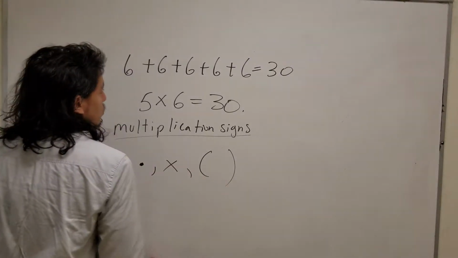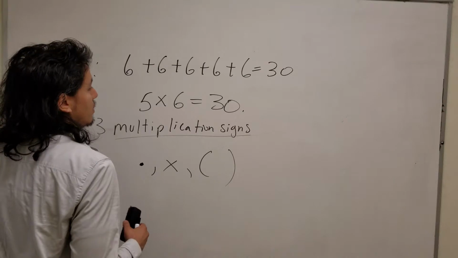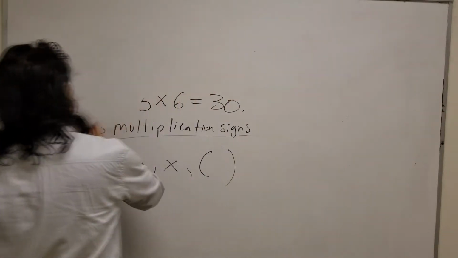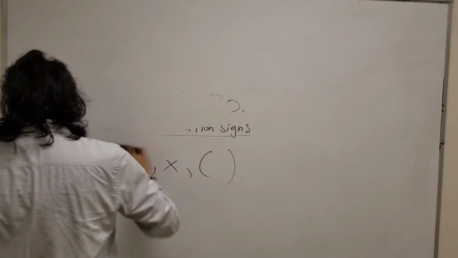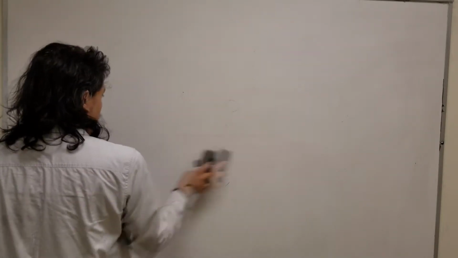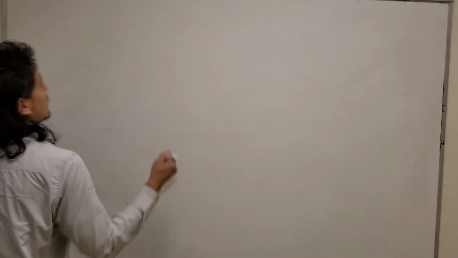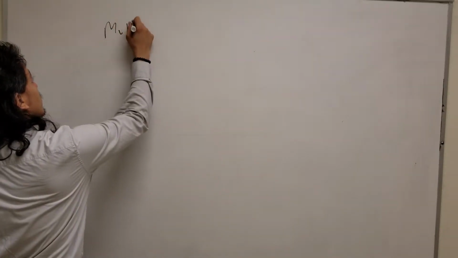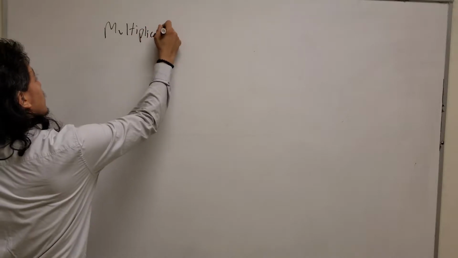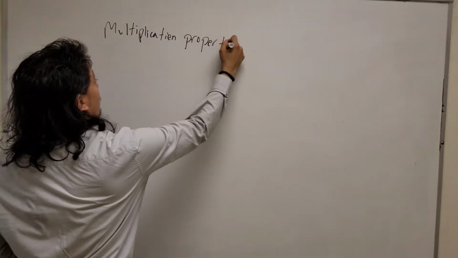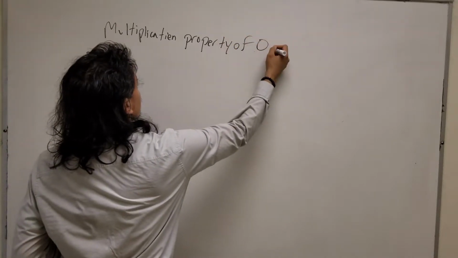The last two things I'll talk about are two properties of multiplication, when you multiply with 0 and 1. First, the multiplication property of 0.